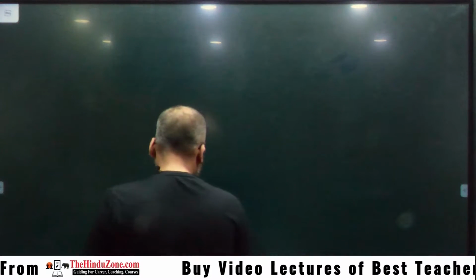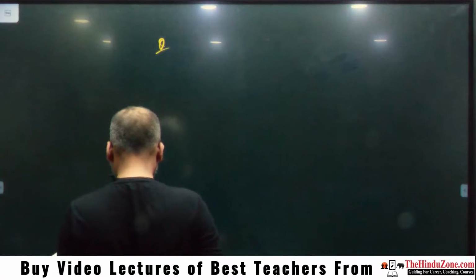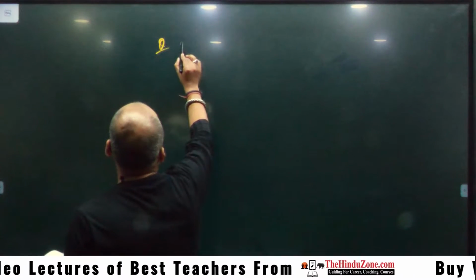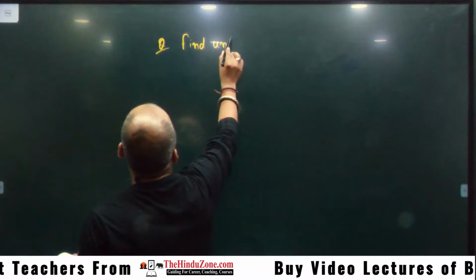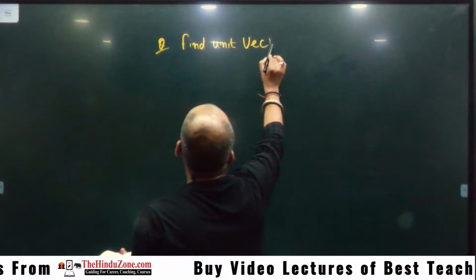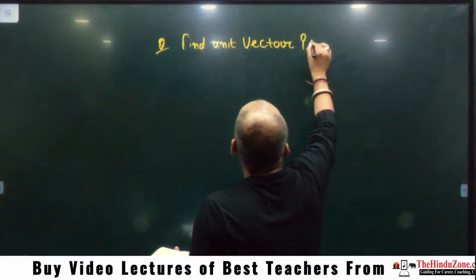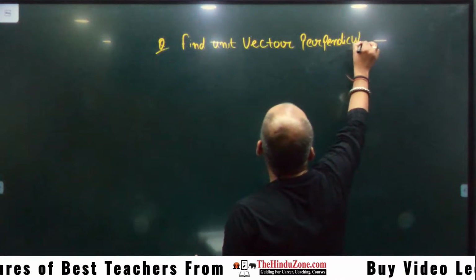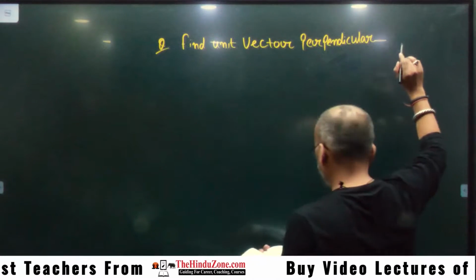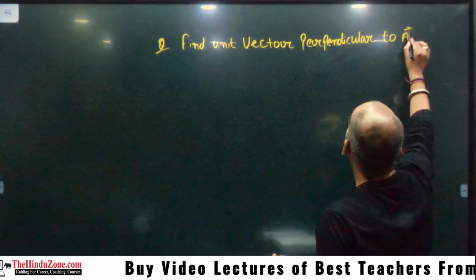Next, solve this question. This is very relevant. You have to find a unit vector perpendicular to A, and what is A?